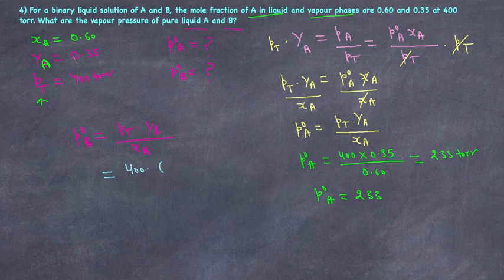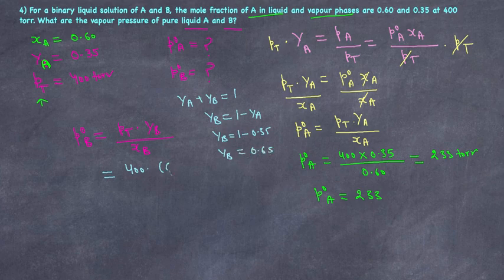Because we know YA is 0.35, YA plus YB is equal to 1. So YB is equal to 1 minus YA, which is 1 minus 0.35. So YB is equal to 0.65.